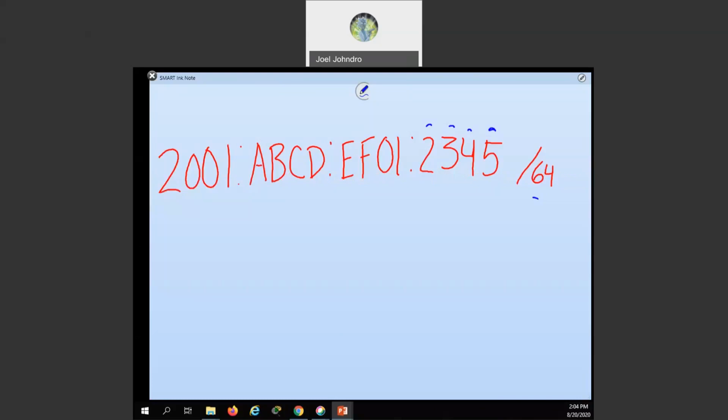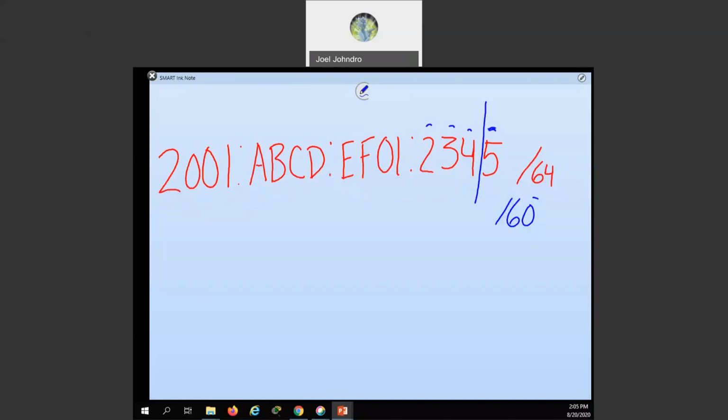If you wanted to subnet this into, say, 16 subnets, all you'd have to do is go over 1, put a slash here, and this changes this from a /64 to a /60. Your subnet in this case would be 2001 ABCDEF 01234, starting off at 0.